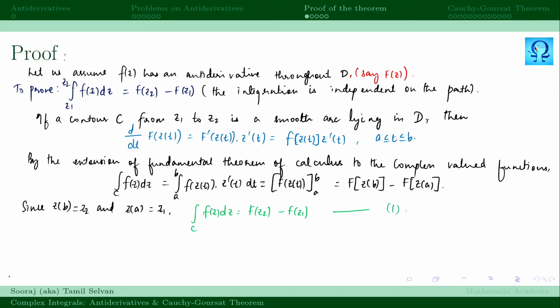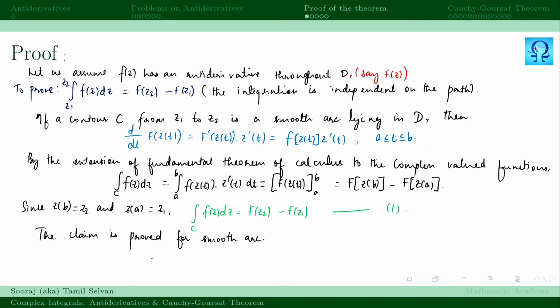So we have proved this happens to be true for smooth arcs. So the claim is proved for smooth arcs.